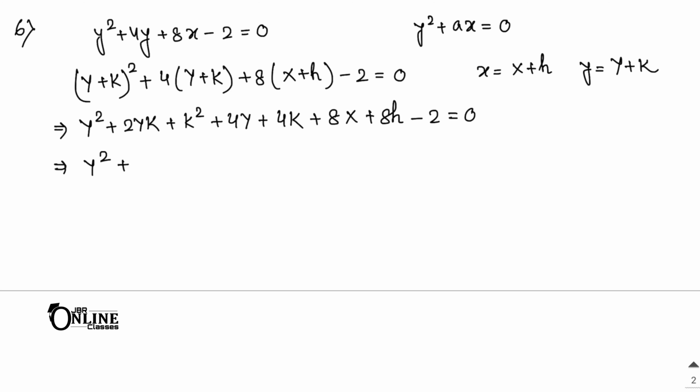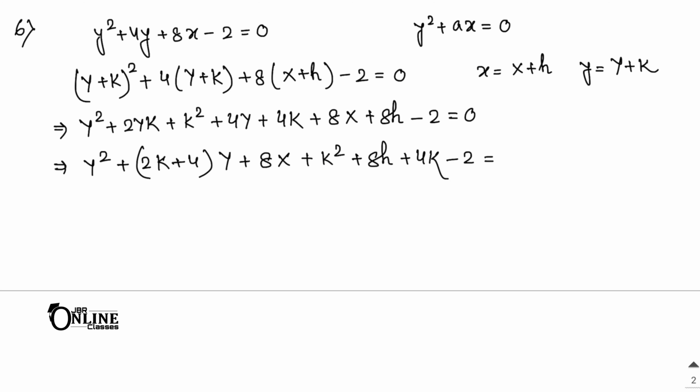Now if Y is common, it becomes (2k plus 4) into capital Y, then plus 8X, then k square plus 8h plus 4k minus 2, that equals 0.